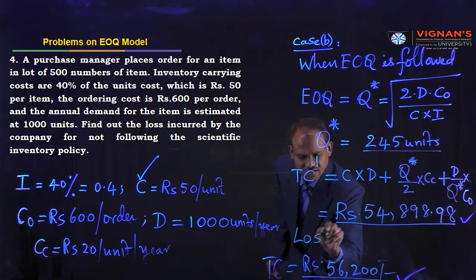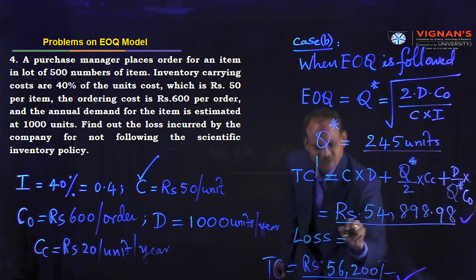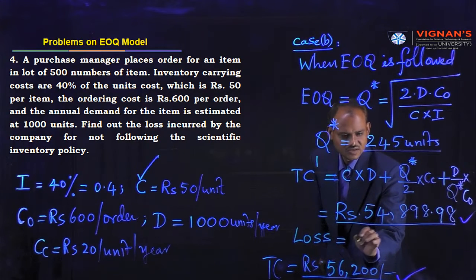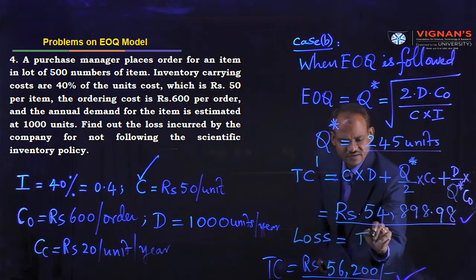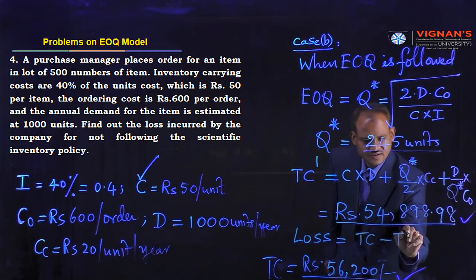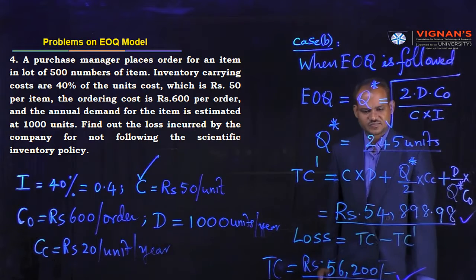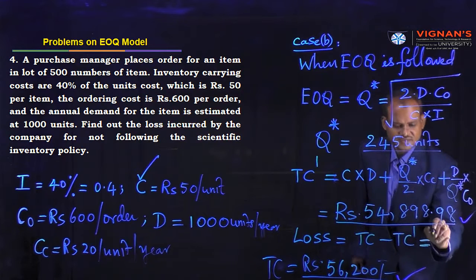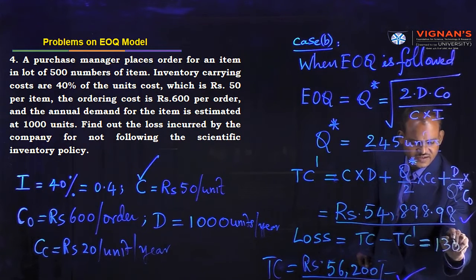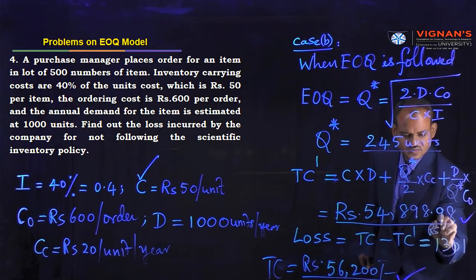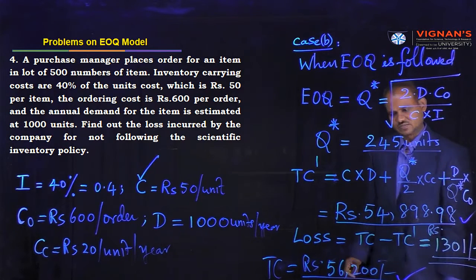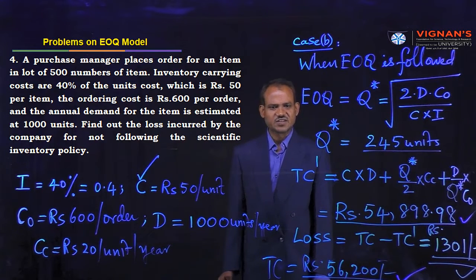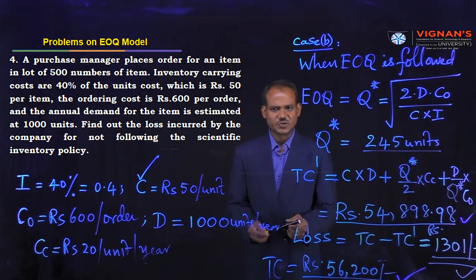Loss incurred by the company for not following the EOQ policy is equal to TC minus TC dash. Loss is equal to TC minus TC dash, approximately 1301 rupees. This is the answer. Finally, loss incurred by the company is 1301 rupees.